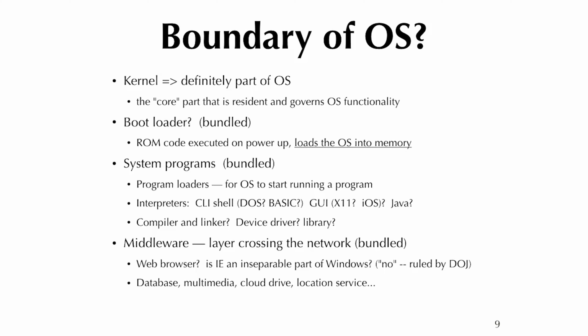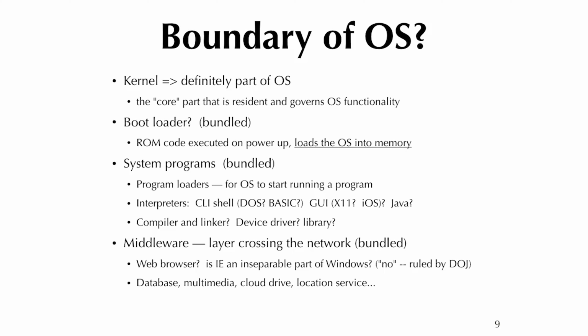Now once the OS is loaded, what happens? Well, it has to have certain things. One is called a program loader, as I was saying. A program loader is for the OS to bring in a program from, whether it's disk, over the network, whatever, into memory so it can start running.